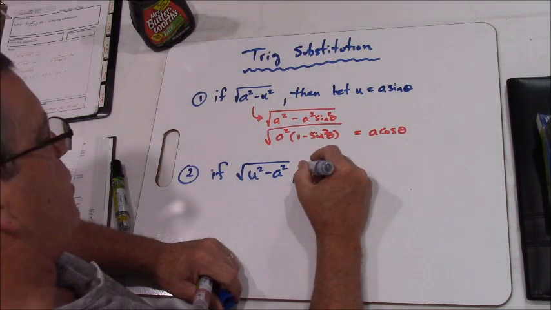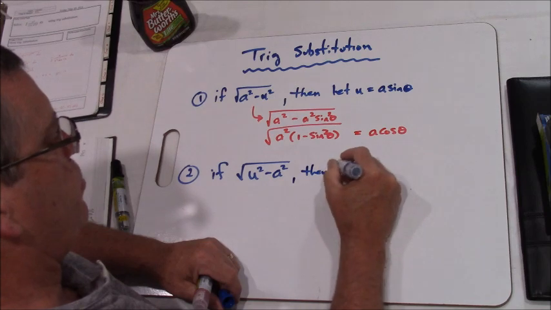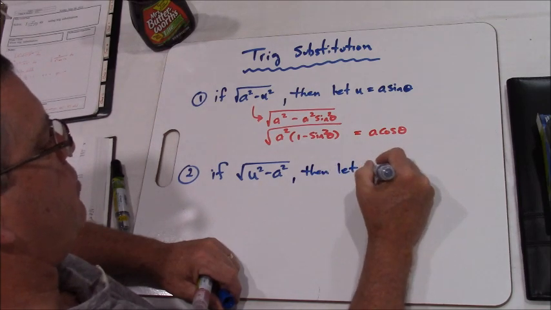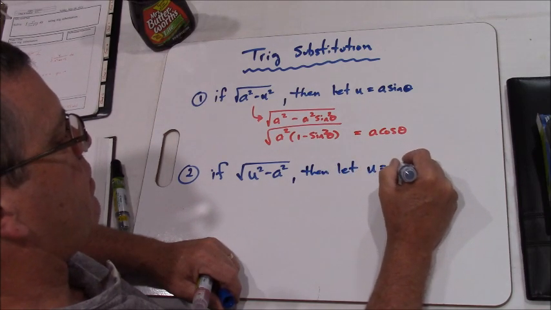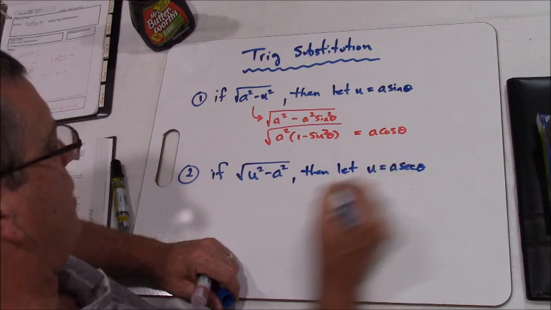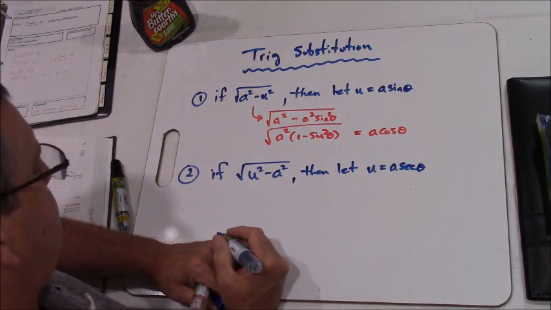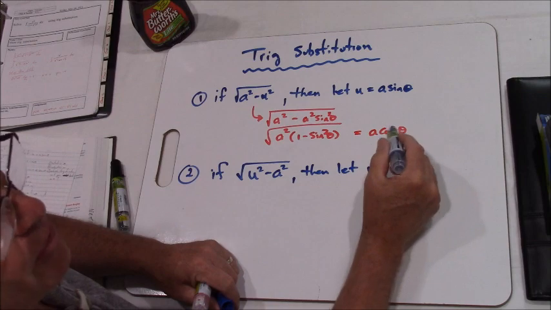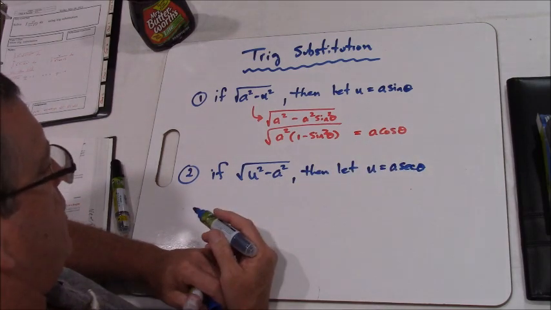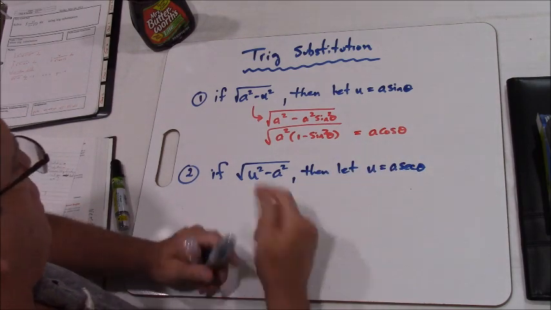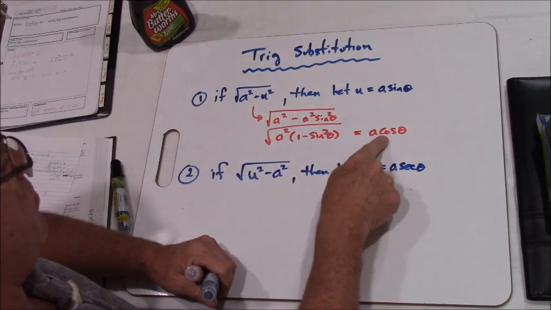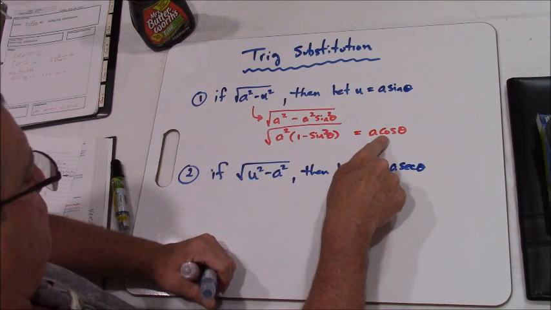And so what we want to do is let u equal a secant theta. We still got to talk about what happens with the theta, and we'll get there. We're just trying to figure out how something like this can become something easier to integrate.